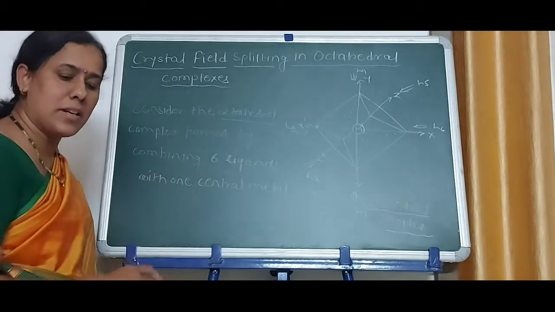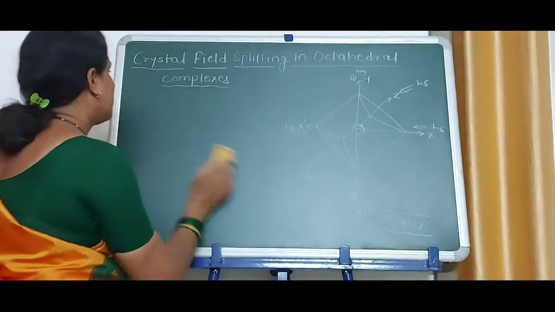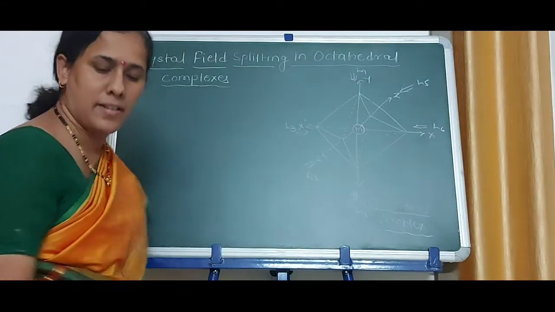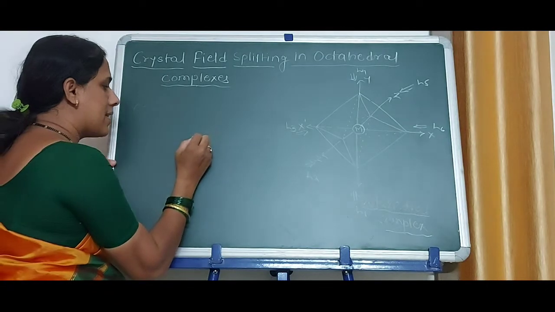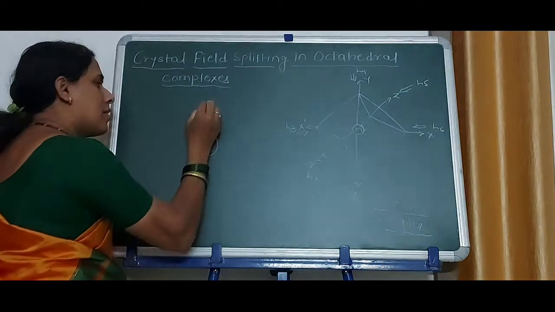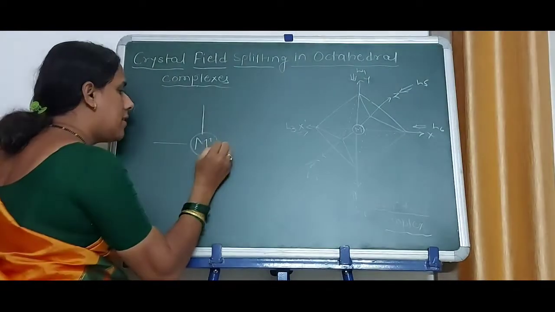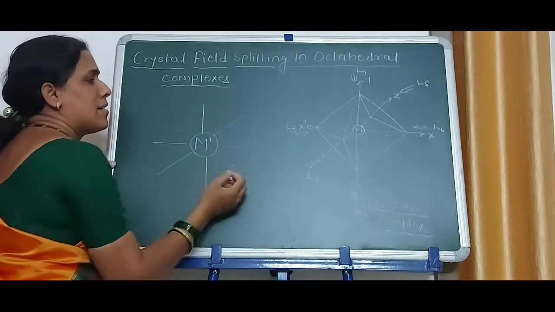The diagrammatic representation of this is as follows. This is the 3D diagrammatic representation for the octahedral complex, and the simple diagram is like this. Here, this is the central metal ion, which carries the positive charge, and these are the ligands situated at 6 corners.